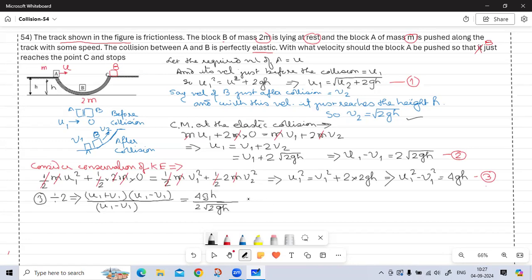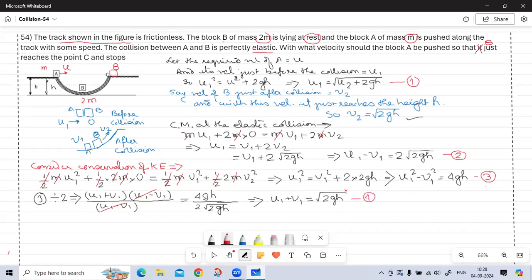From there we find on the left hand side, u1 minus v1 and u1 minus v1 gets cancelled. So what we are left with, u1 plus v1 is equal to 4 divided by 2 root 2 is equal to root 2. And gh by root gh is root gh. So under root 2gh. So let us say this is relation 4.